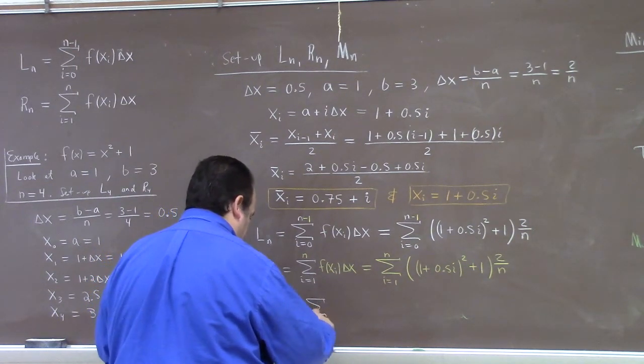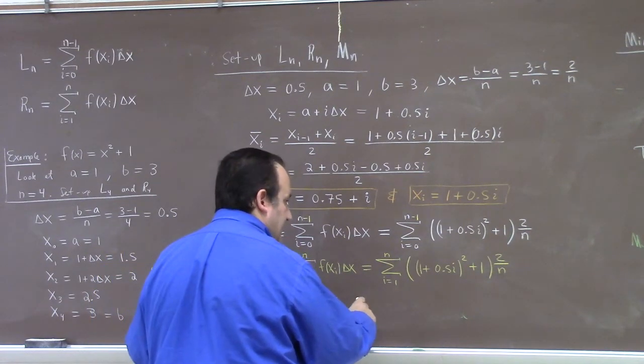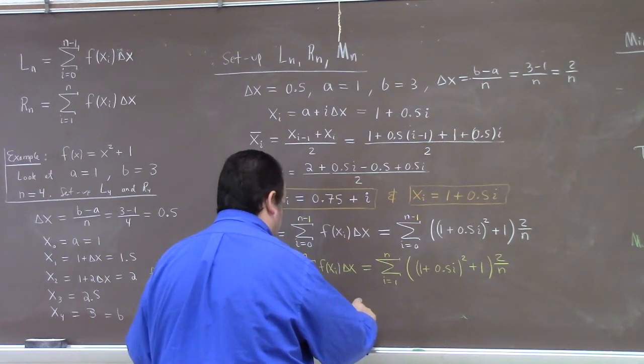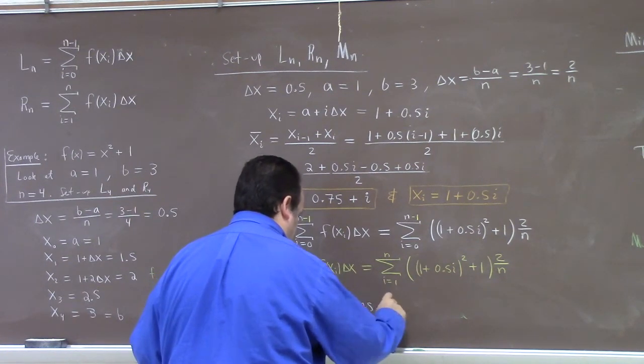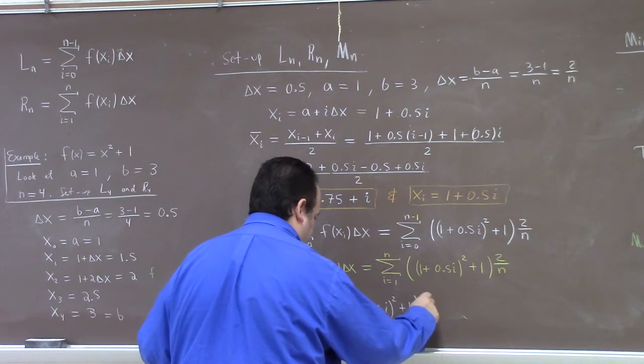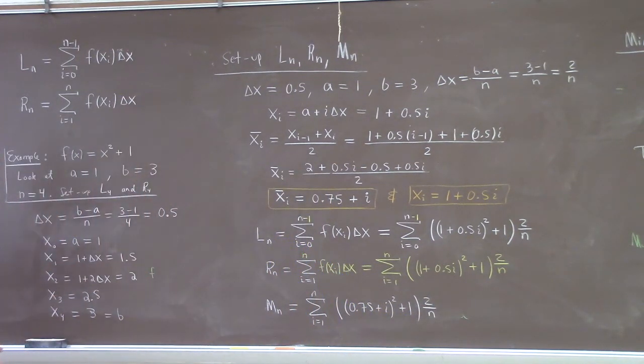Sum, i equals 1 to n, of 0.75 plus i, squared plus 1, times 2 over n. So I just wanted to give you an explicit example where I set it up for arbitrary n, so you maybe have a better sense of how to do the homework. You need to think through the same thing and then implement it using Wolfram Alpha, the last problem in the homework.